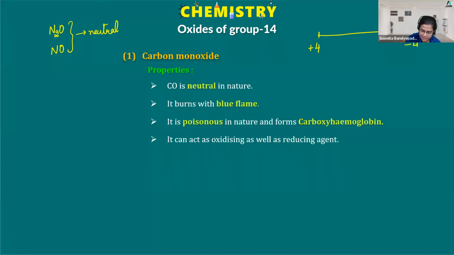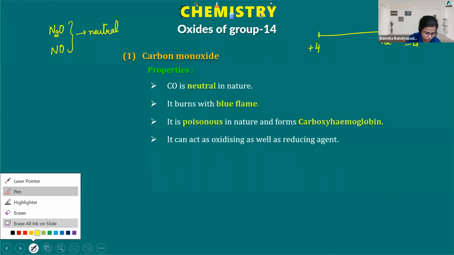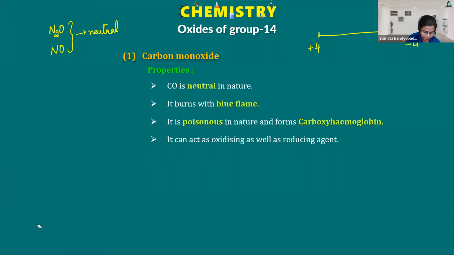In CO, it has +2 oxidation state. When carbon in CO has +2 oxidation state, it can either get oxidized and go to +4 state, or it can gain and go to -4 state as well. So since it has an intermediate oxidation state, it can act as both oxidizing as well as reducing agent.